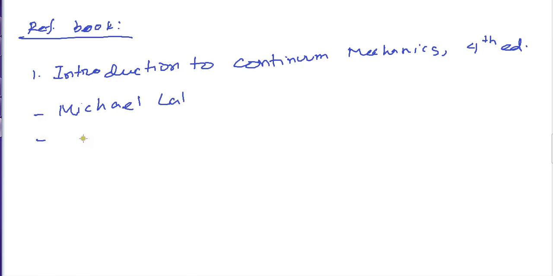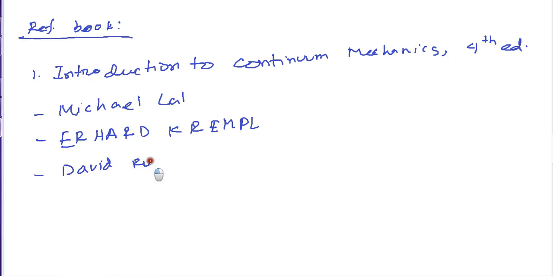Number two author is Erhard Krempl, and the third author here is David Rubin. So I'm going to follow this book.